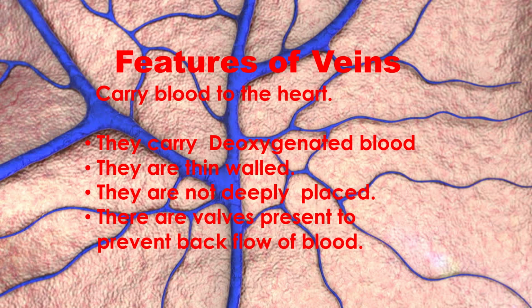The pulmonary vein is a vein which carries oxygenated blood. Veins are thin-walled and there are valves present in the veins. These valves prevent the backflow of the blood.